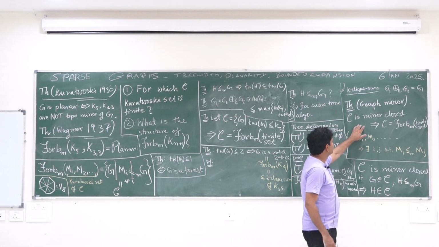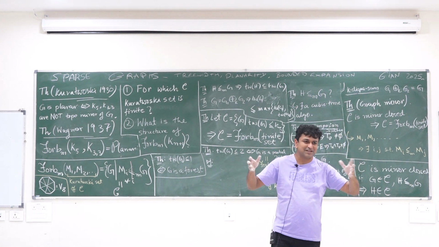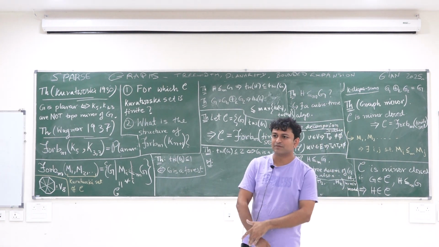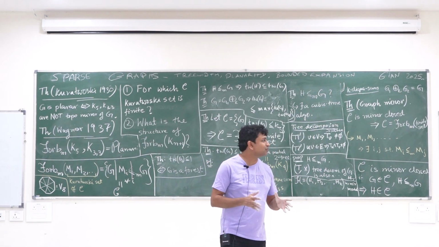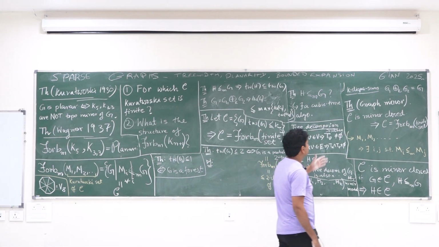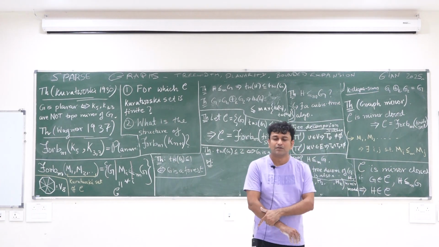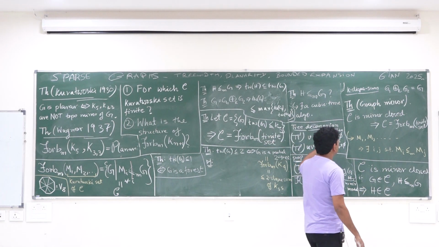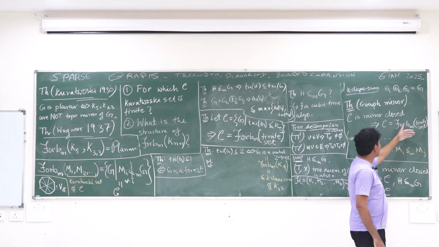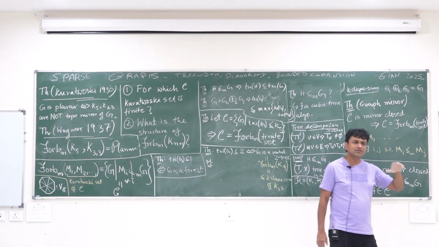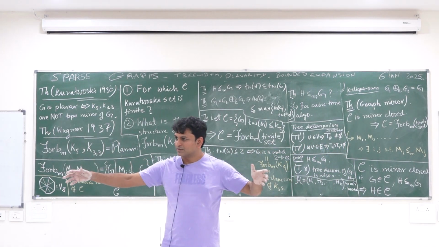So the way they have proved this, it's a 500-page proof. I don't know the proof, but I know some basic idea I can give you. Suppose you have a minor-closed class of graphs. So you will have a forbidden characterization of it. That may be infinite, okay?